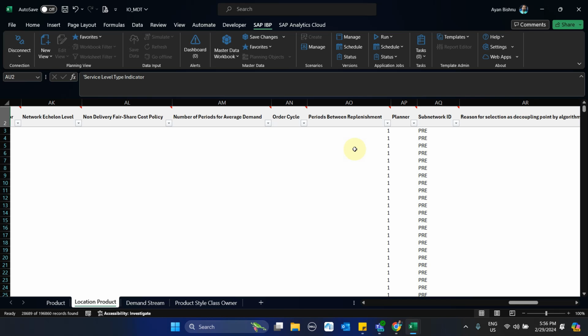I can place an order every week for that. So for most DCs which procure their replenishment from a different sourcing location, be it a vendor or a manufacturing location, they can have the option to place orders every week, and hence in 95% of the cases the PBR is 1, which denotes 1 week.